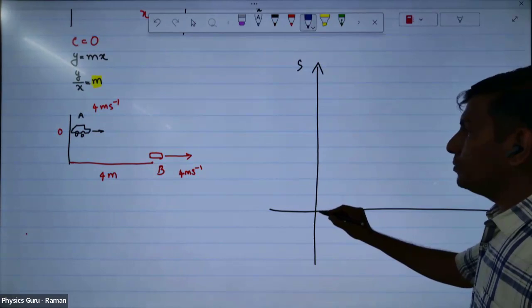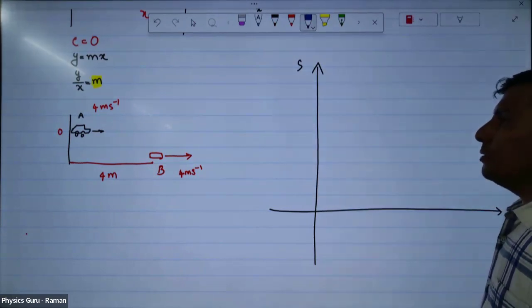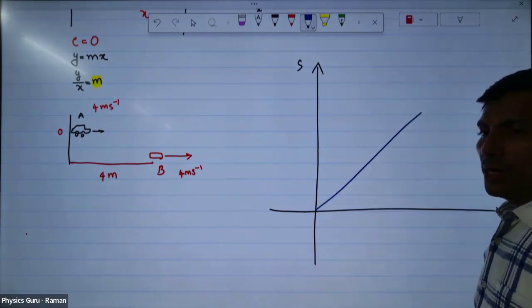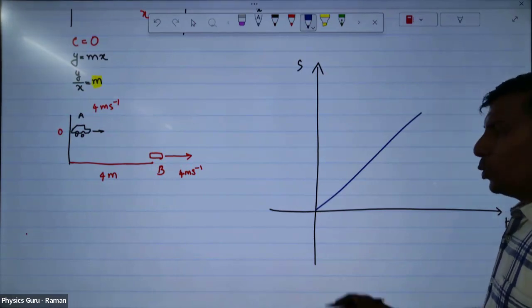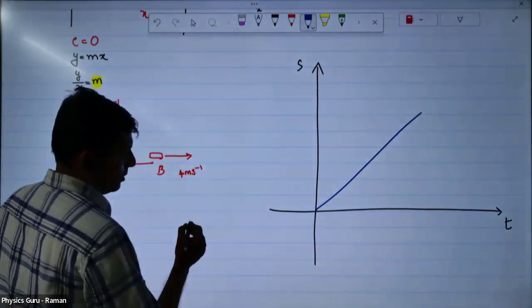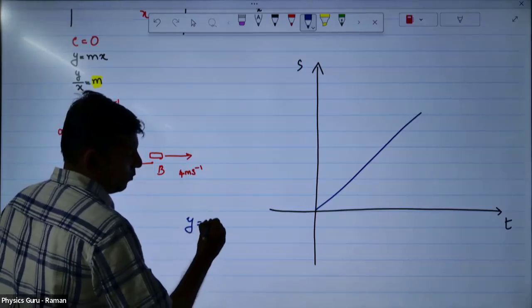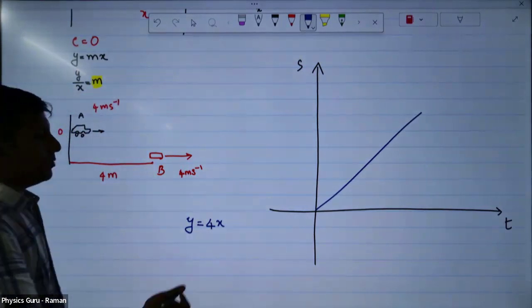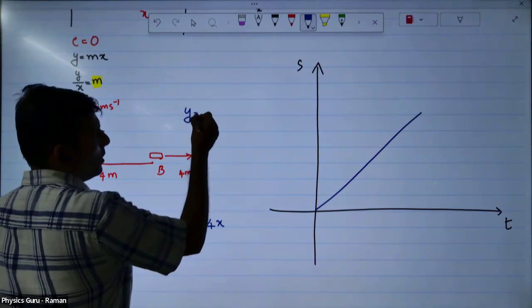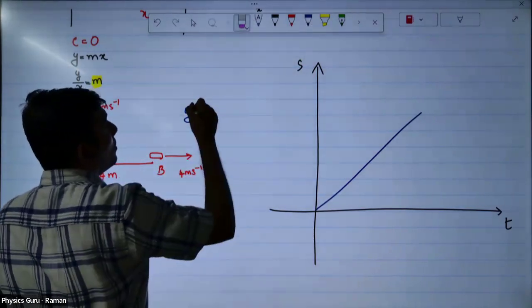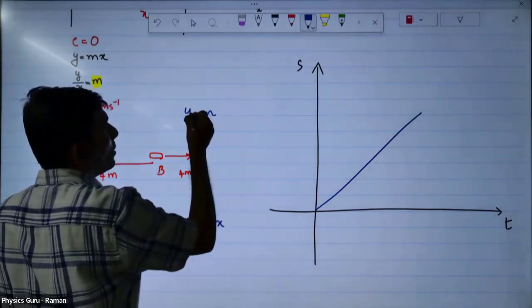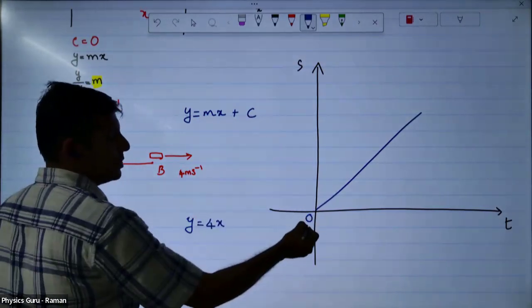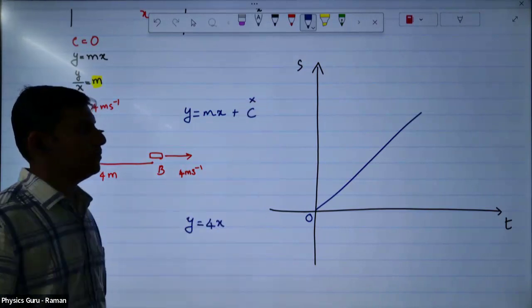He starts from 0 and he keeps going with 4 meters per second. So if I take the slope of this graph, it should become 4 meters per second. No problem. So now I write y is equal to 4x. What's the standard formula? y is equal to mx plus c. Since he started from the origin, for him c is equal to 0.